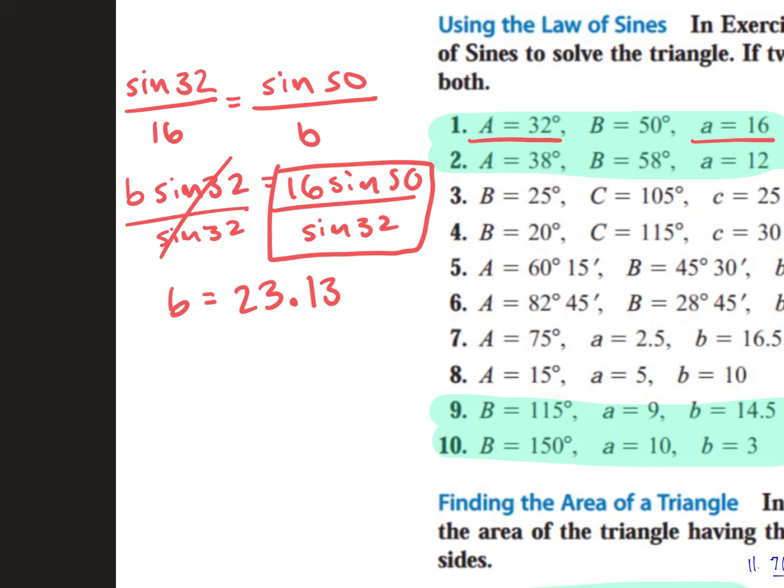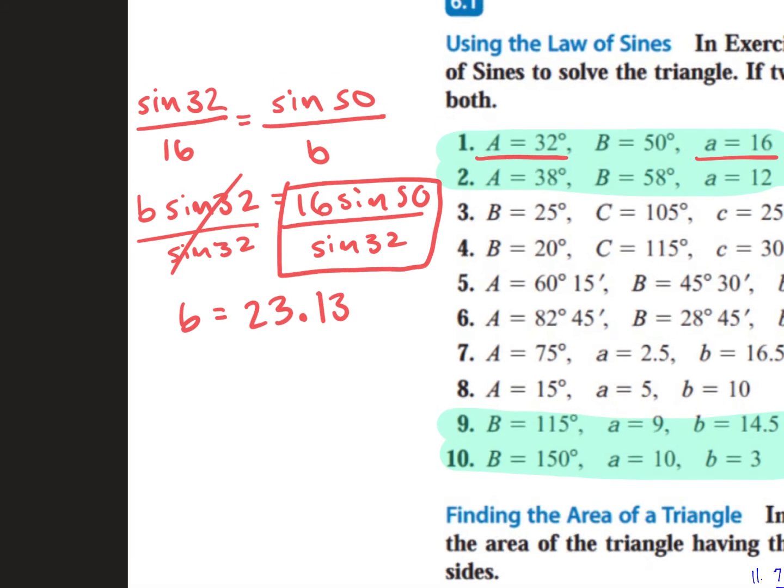How can I find angle C? If it gives me two angles of the triangle, how do I find the third? You can't do Pythagorean theorem here because it's not a right triangle.